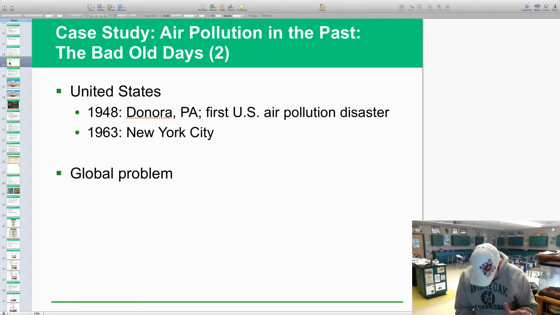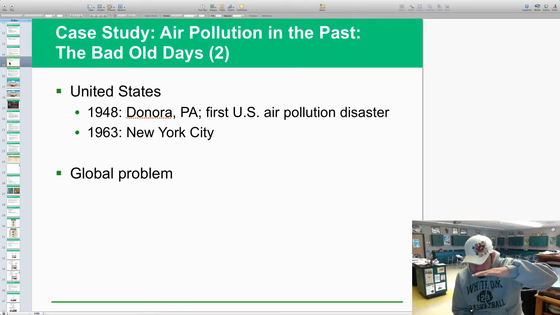Donora sits in the Monongahela River Valley south of Pittsburgh, sitting in between two peaks. The pollutants came from coal-burning factories, steel mills, zinc smelters, and sulfuric acid plants, and became trapped in a dense fog that lay stagnant right over top of that valley for 5 days.